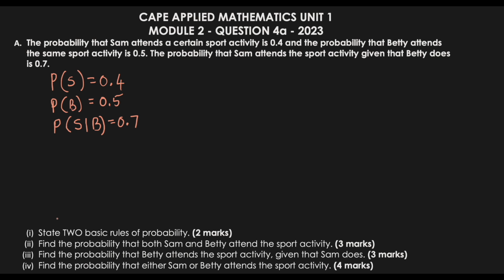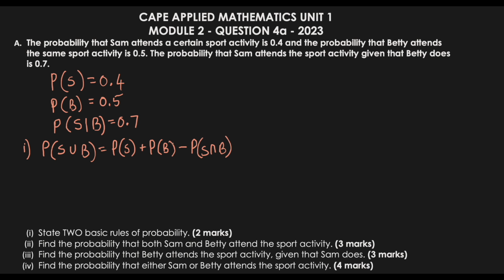The first question says, state two basic rules of probability. One of the ones I will talk about is the addition rule, and since we are using S and B, I'm going to use that here. The addition rule goes like this: P(S or B) is equal to the probability of Sam going to the sporting event, plus the probability of Betty going to the event, but we subtract the intersection, which is the point where both of them go to the event at the same time.